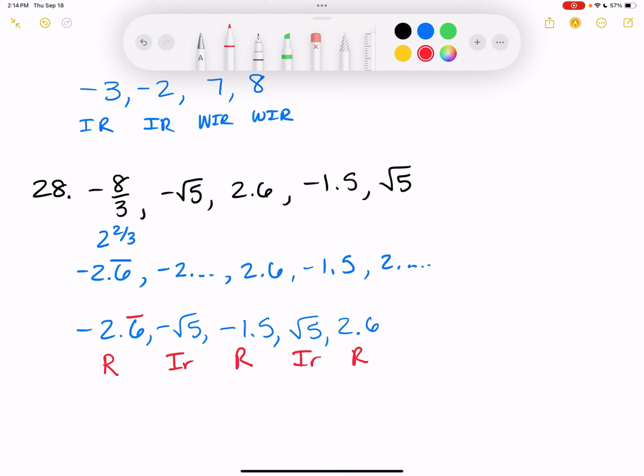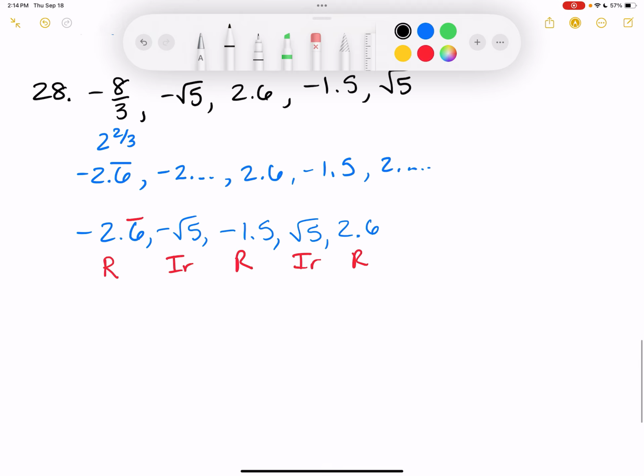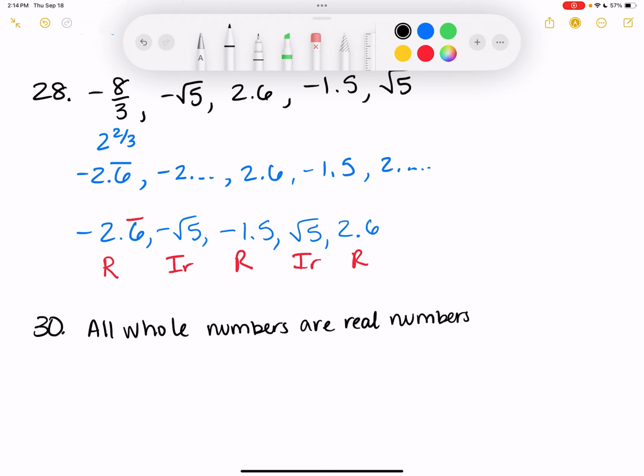Rewrite the conditional statement in if-then form. Tell whether the statement is true or false. If it's false, give a counterexample. This is like an intro to geometry. 30. All whole numbers are real numbers. That's true.